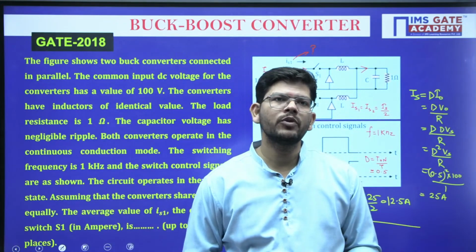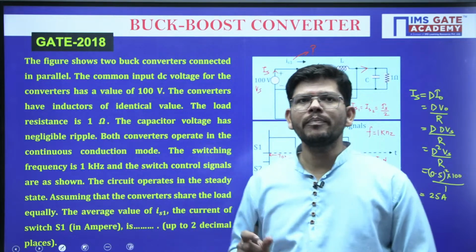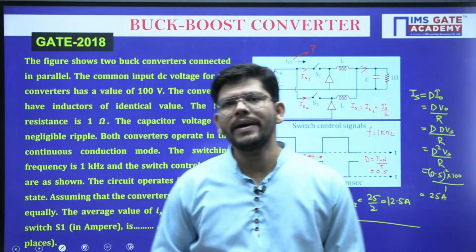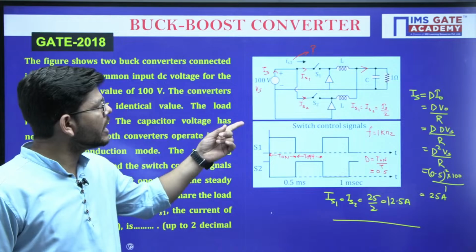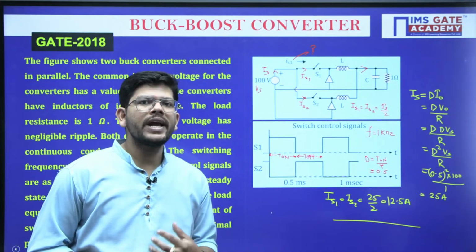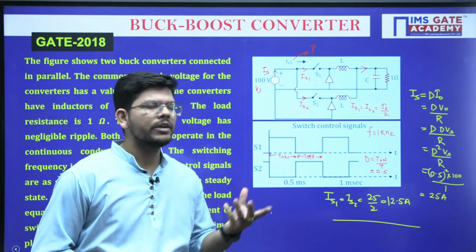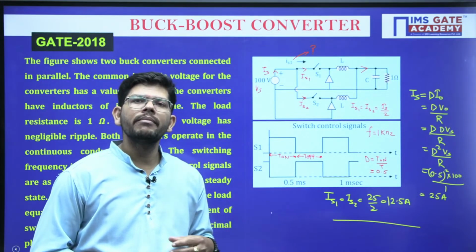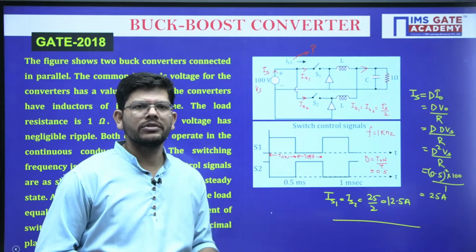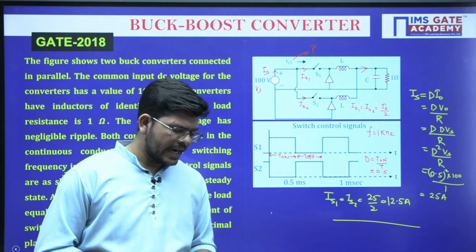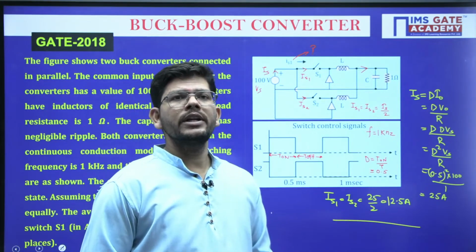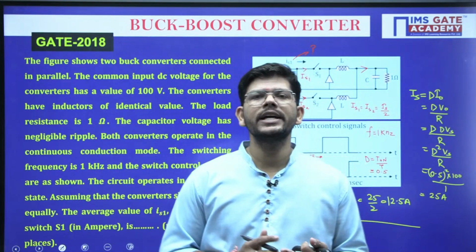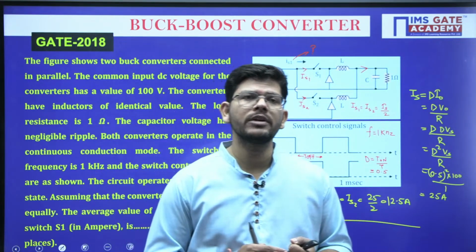Now this kind of question, in which two converters are in parallel. Right now we are having buck converters in parallel. In future you can have a question related to boost converters connected in parallel, or buck boost converters connected in parallel. They may be repeated. So this is how you have to process, okay? This is the end of this lecture on boost converter. In this series we have completed buck converter, boost converter, buck boost converter.